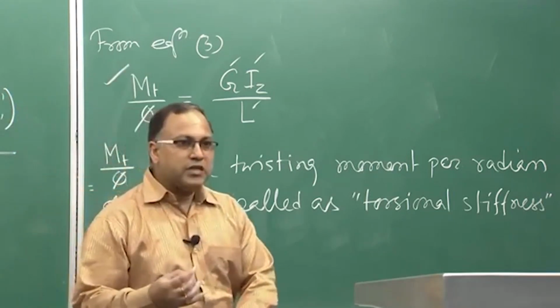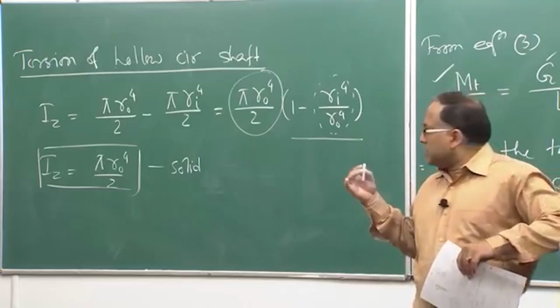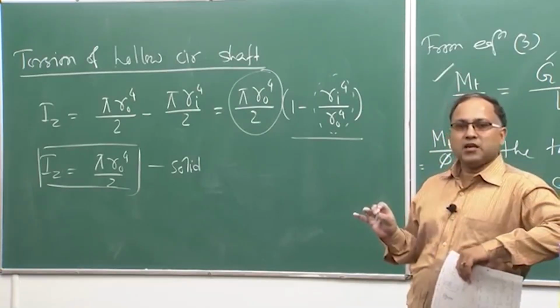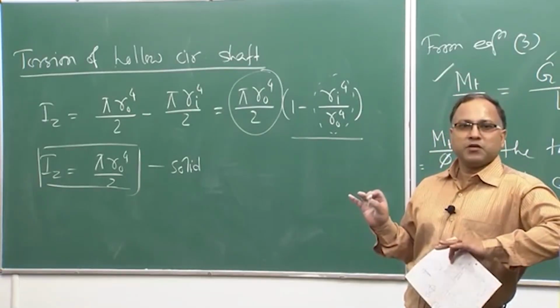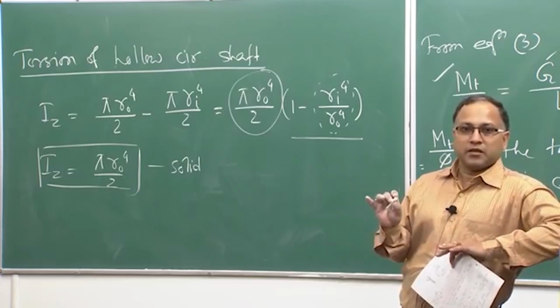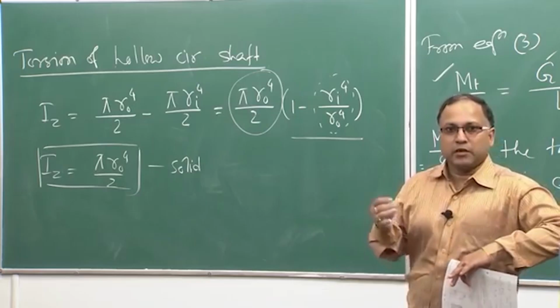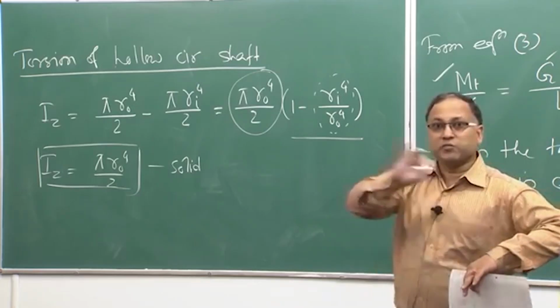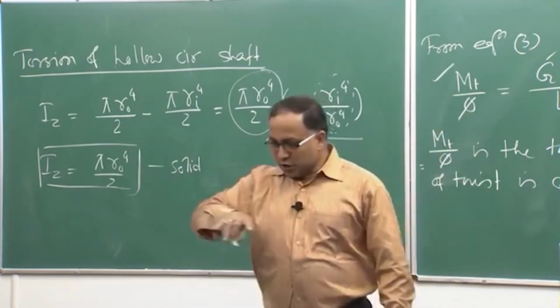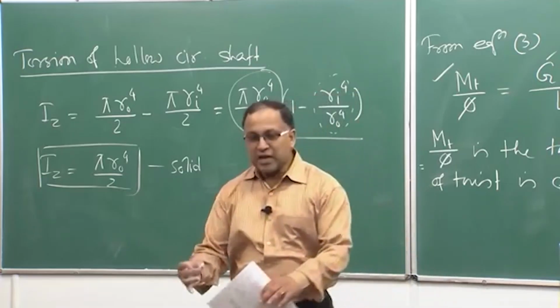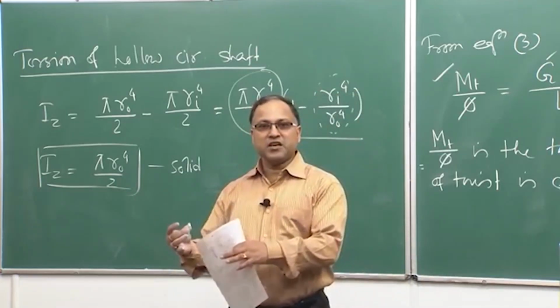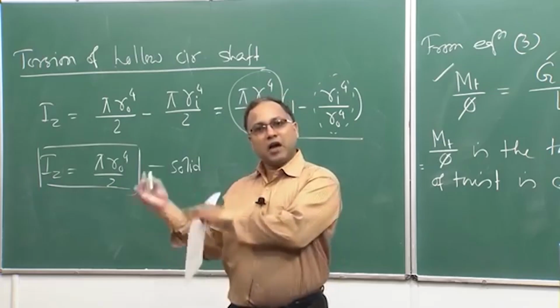Whether you use the solid circular shaft or the hollow circular shaft, you get almost the same torsional stiffness, but at the same time you get a significant reduction in the weight of the shaft, because you are taking the inner material of the solid circular shaft out.